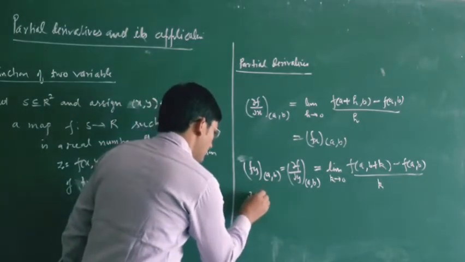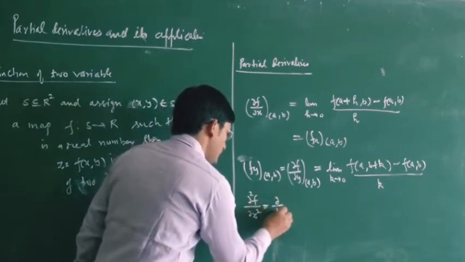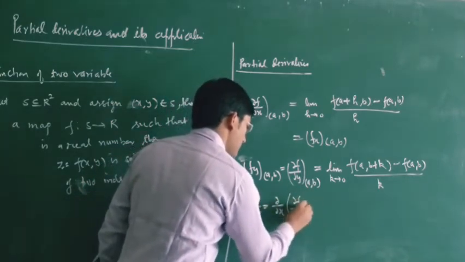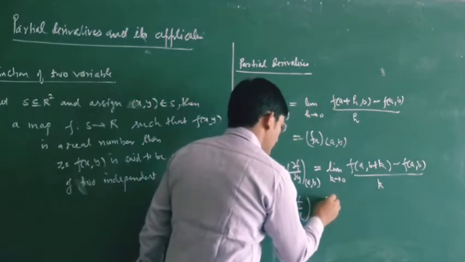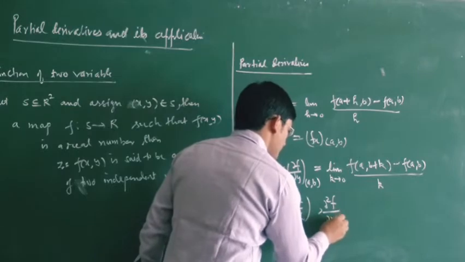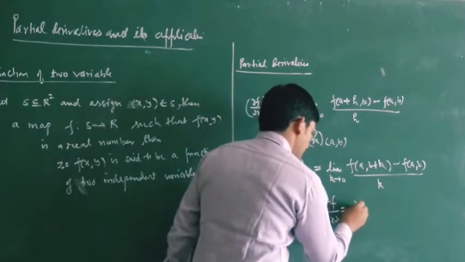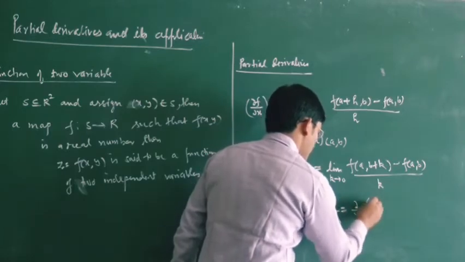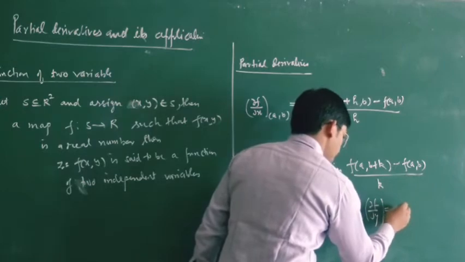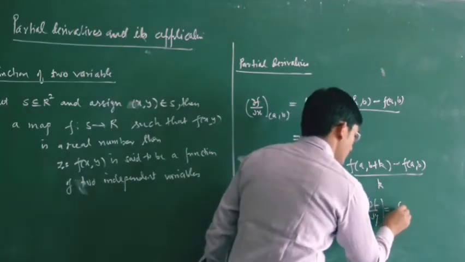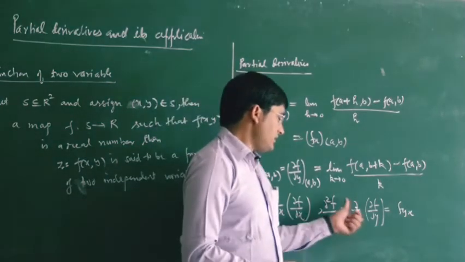Your del 2f upon del x2 will be del upon del x of del f upon del x. And now we have the definition for del f upon del x. Your del 2f upon del x del y, we can also write as del by del x of del f upon del y, and we can also write it as f of yx.